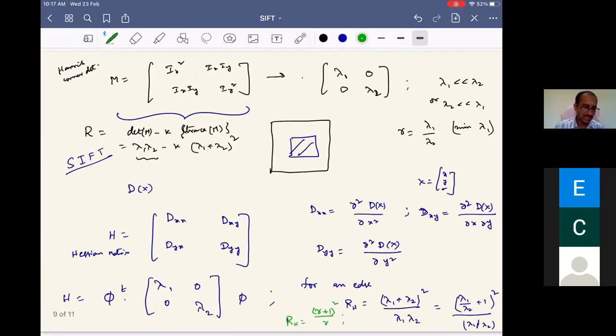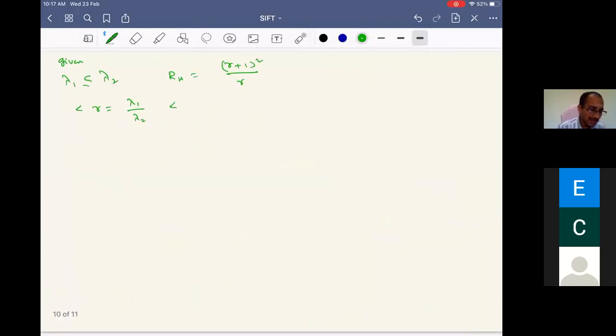See, this is a positive semi-definite matrix. In fact, it becomes a positive definite matrix. So eigenvalues will always be greater than or equal to 0, or strictly greater than 0. In that case, lambda 1 and lambda 2 both will have the same sign. If both have the same sign and lambda 1 is smaller than lambda 2, what is the range of this? 0 to 1, right?